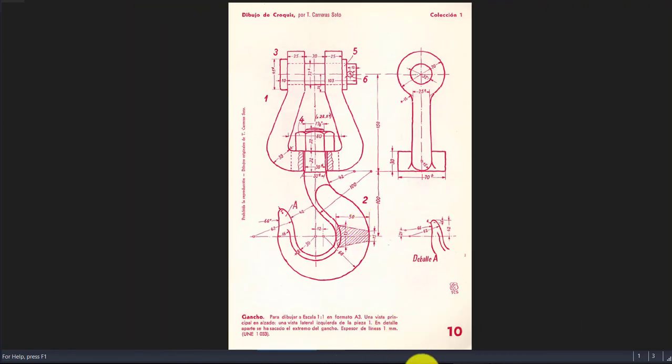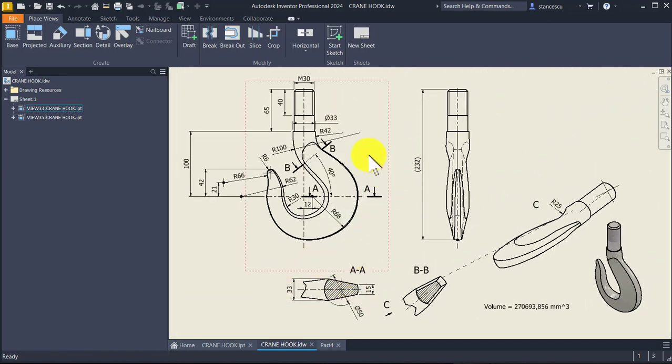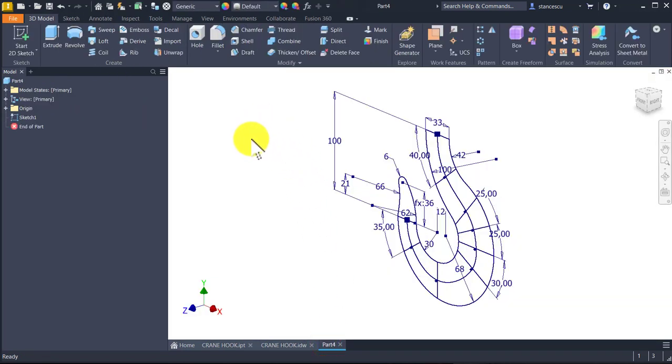then we go to our sketch and we try to respect everything here. The sketch is this one, and we have to create sketches, one as a circle, then 1, 2, 3, 4, 5, 6, 7, 8 sections. 8 sections, my friends.